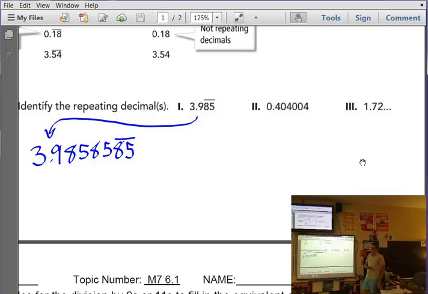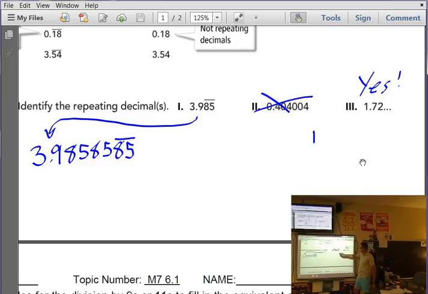I feel bad because this is kind of a trick question. We're not 100% certain here. Hayden, what are you thinking? Well, it does repeat. So yes, this is repeating. This one's not. But we don't specifically know what repeats. So we would have to make an assumption.